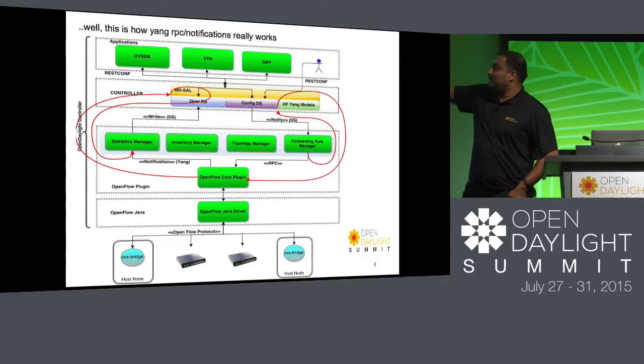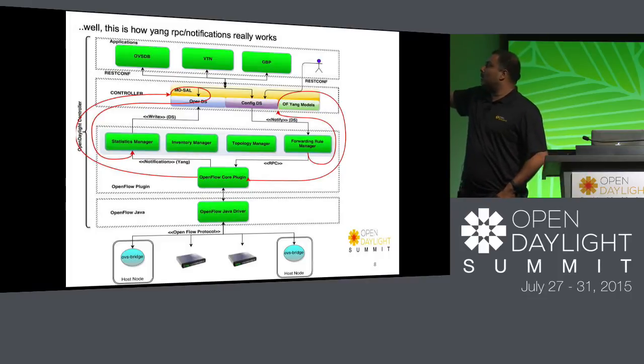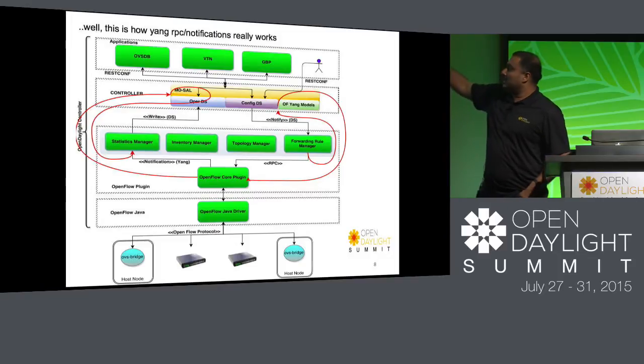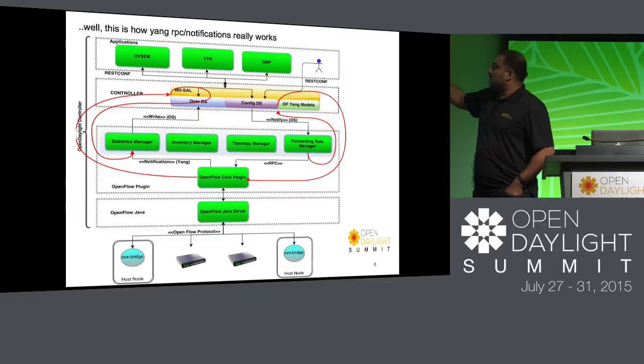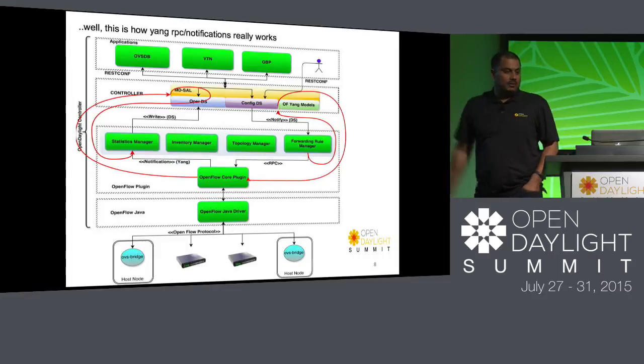The simple way is, okay, they call RPC, it goes to the plugin. So I kind of cut off that route, but this is basically the route. So it all goes through MD-SAL. In case of RPC, it goes to MD-SAL, then it goes to the plugin. In case of notification, it goes to MD-SAL and again to the application that is subscribing for the notifications.